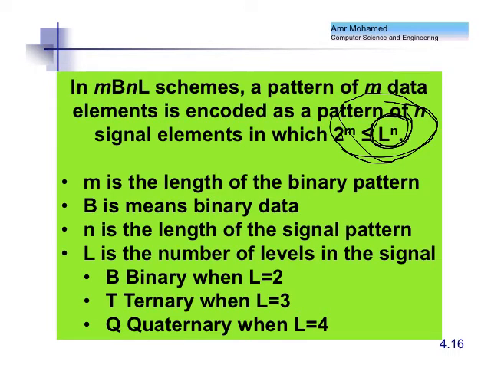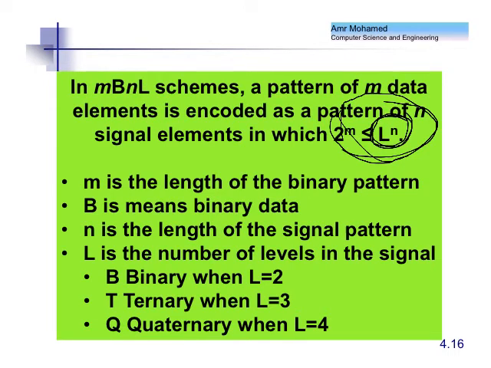So the B stays there all the time. M is the number of bits in each group. So for example, if I take 2 bits at a time, then this is called 2B. If I take 3 bits at a time, this is 3B, and so on. Which means I take each M bits of the binary data and represent them.